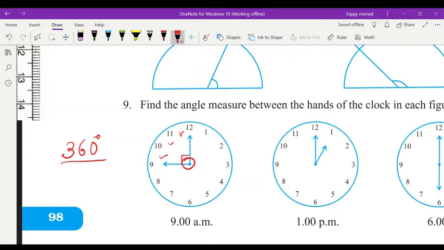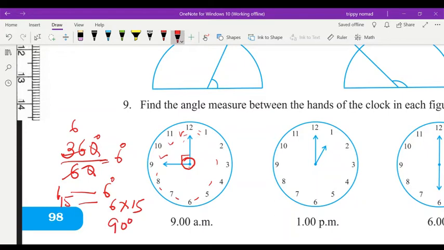In 60 minutes, the angle formed by the hands of a clock is 360 degrees. Then in 1 minute that will be how much? 6 degrees. In 1 minute the angle formed will be 6 degrees. Then these are 15 minutes, so 6 into 15, that will be 90 degrees. That you have to remember, in 1 minute the angle formed by the hands of a clock is 6 degrees.